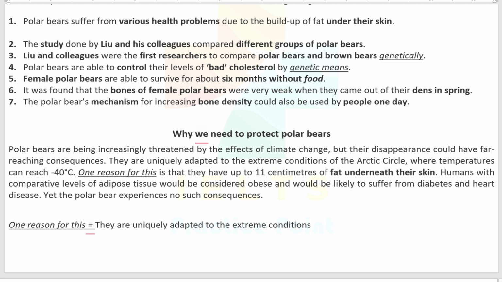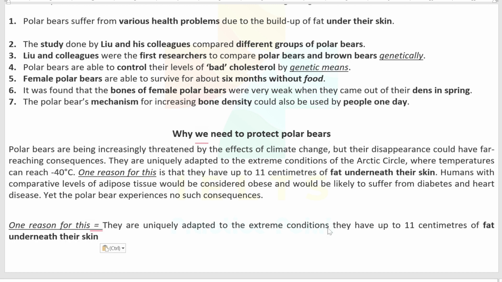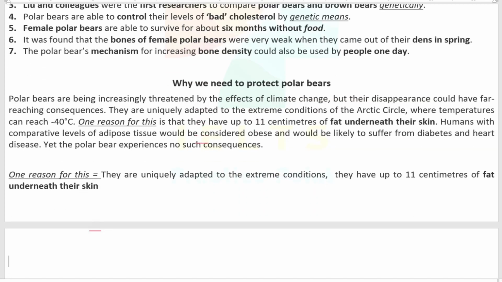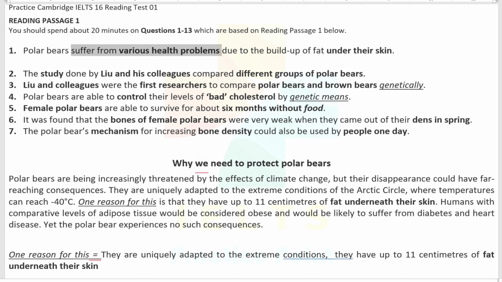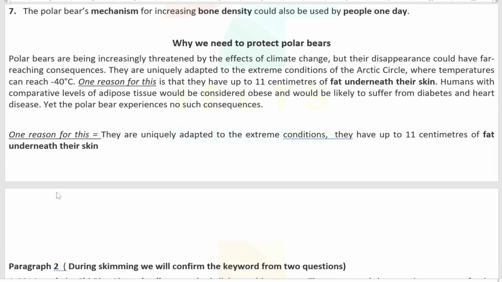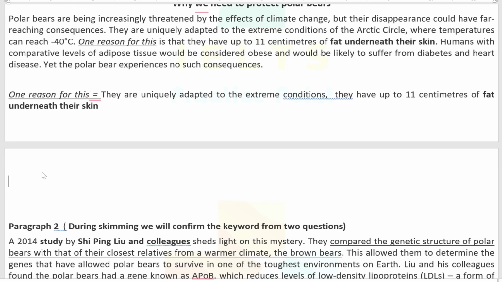But in the question, it is mentioned, polar bears suffer from various health problems, due to the buildup of fat under their skin. Mentionable here that they are surviving by using the fat, not suffering from various health problems for the fat.